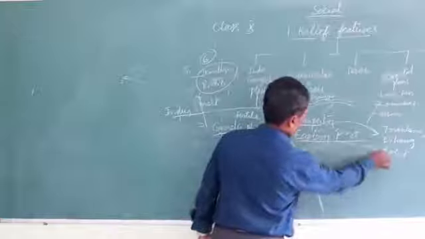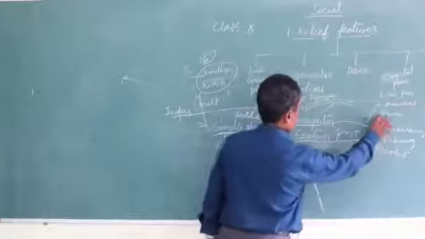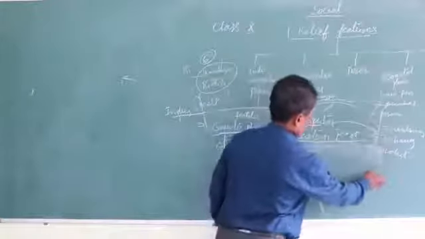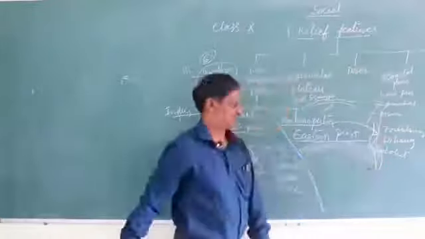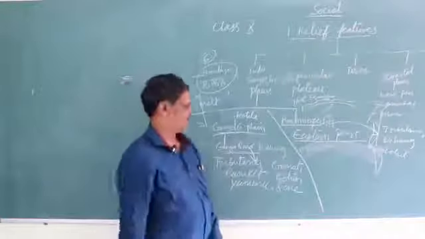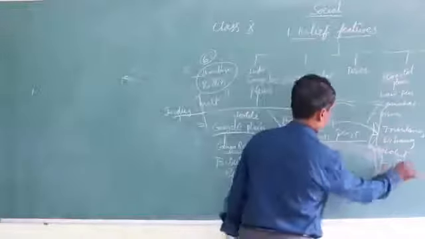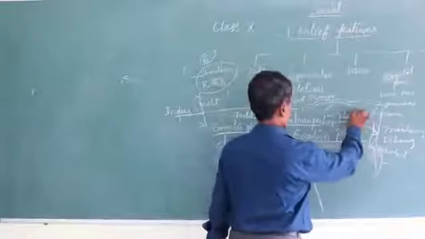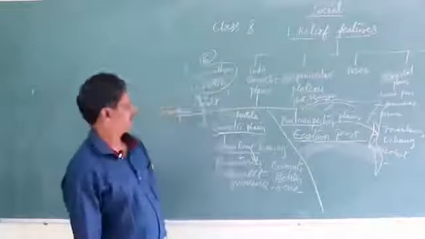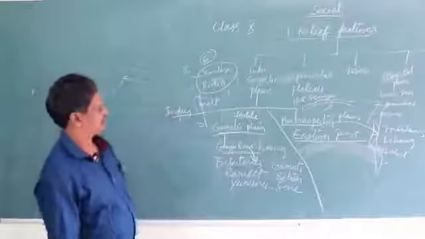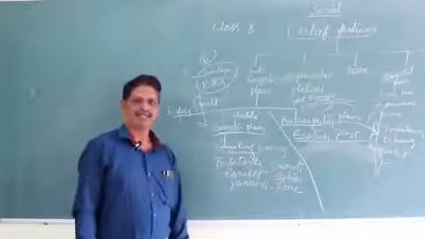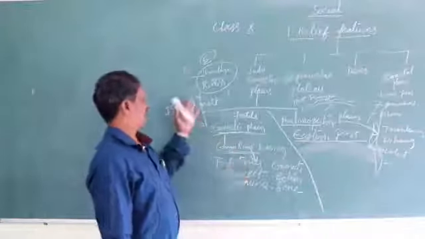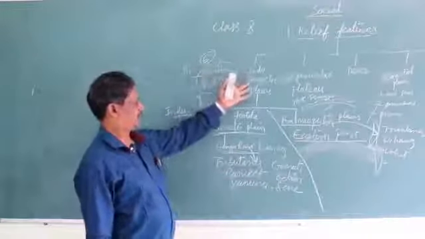The eastern plains are formed in the states of Assam, Arunachal Pradesh, and the eastern end of the Himalayas. Okay, so this is also called the Brahmaputra plains. So this is about Indo-Gangetic plains. Okay, you have to remember this.